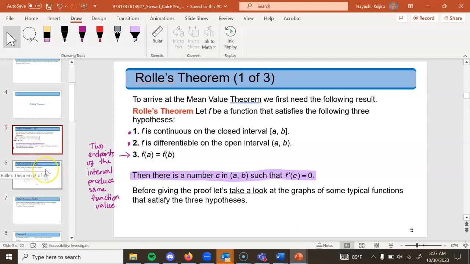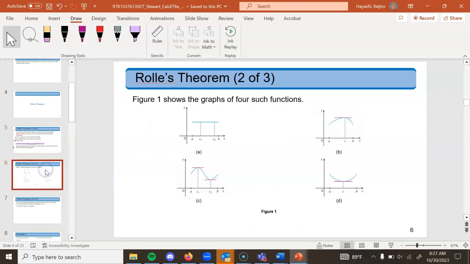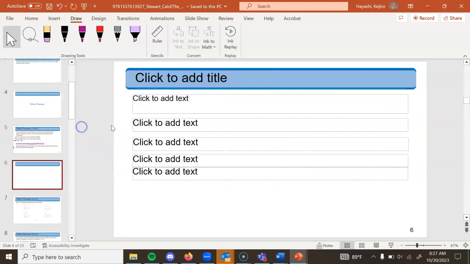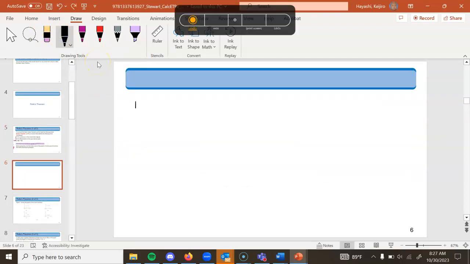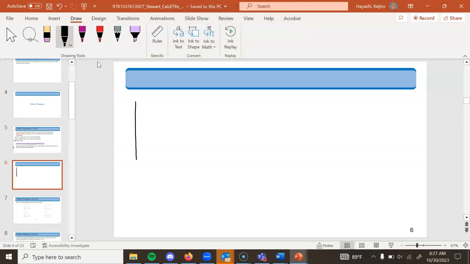So we'll look at a couple of graphs. We'll draw some. And this is where it doesn't actually matter what graph you draw. You can just make something up, as long as it's continuous and differentiable, and the two endpoints are at the same height.